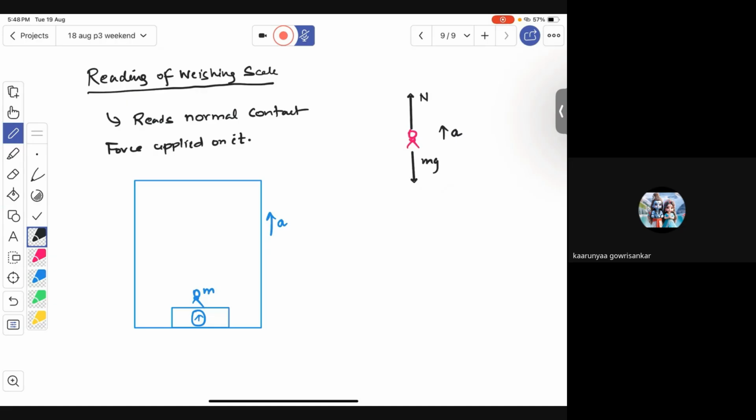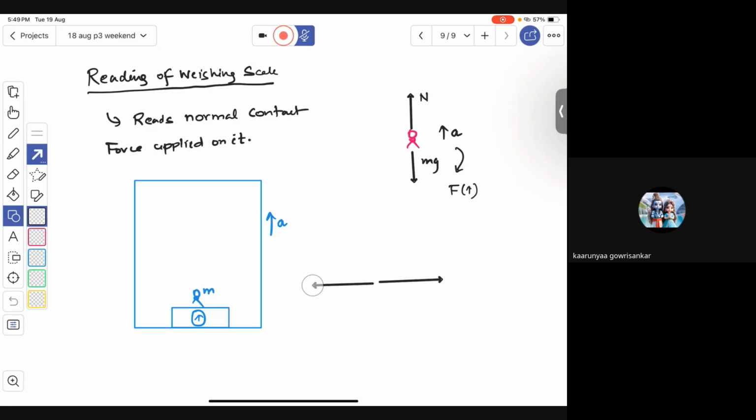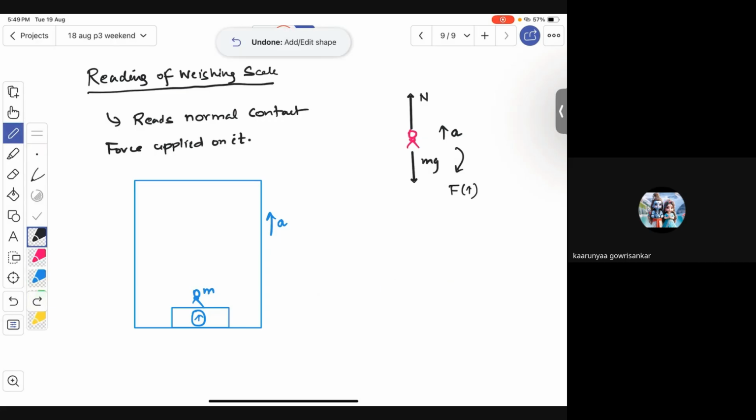Since it is going up with some acceleration a, the net force acting on him must be in the upward direction. Suppose I have a case where I have to add two vectors and the vectors are acting only along x or only along y. In that case, I can do things like this, no?